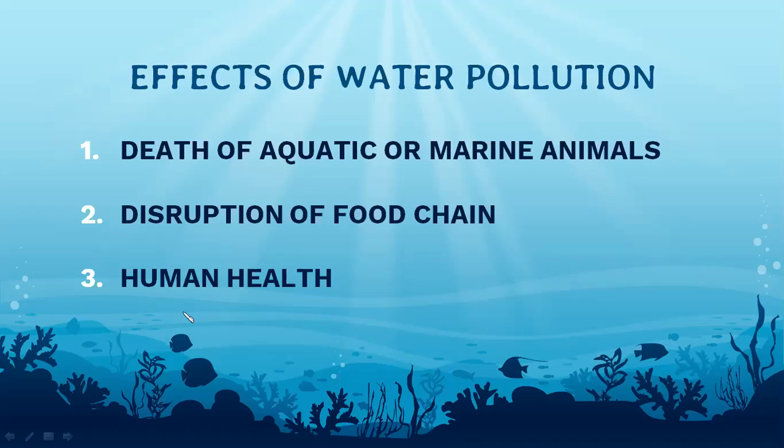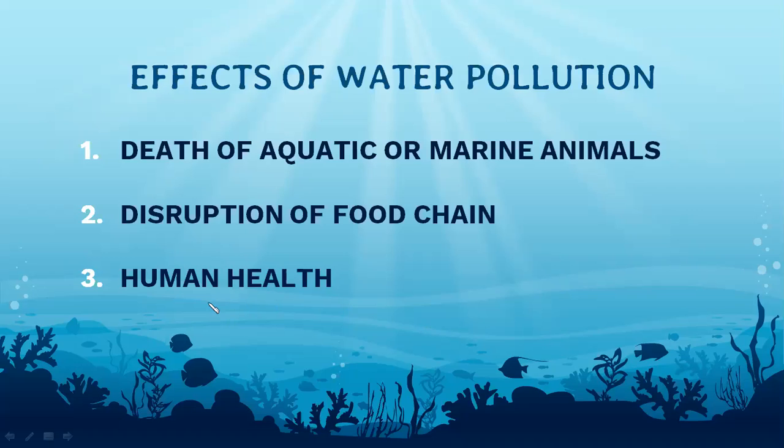Third one is human health. There are various waterborne diseases which we all know. Similarly, toxic substances which are polluting the water also affect human health. Various heavy metals like lead, mercury, cadmium, etc. cause various diseases.